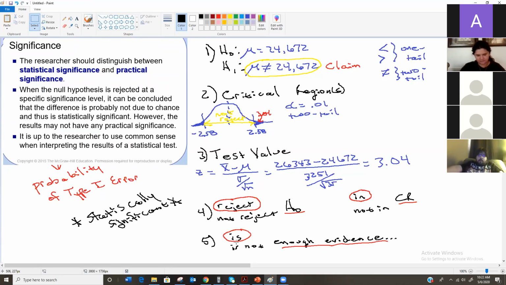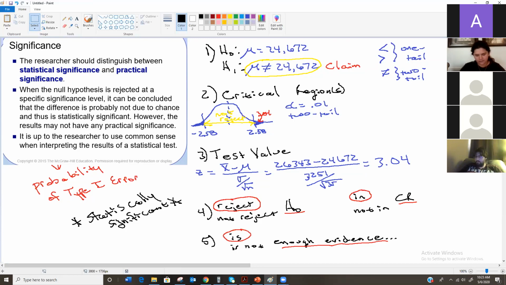When the null hypothesis is rejected, it can be concluded that the difference is probably not due to chance and thus statistically significant. However, the results may not have any practical significance, so it's up to the researcher to use common sense to interpret it. Just because it's statistically significant, they have to look at it and ask whether it is practically significant. But you have to do the statistical significance first.